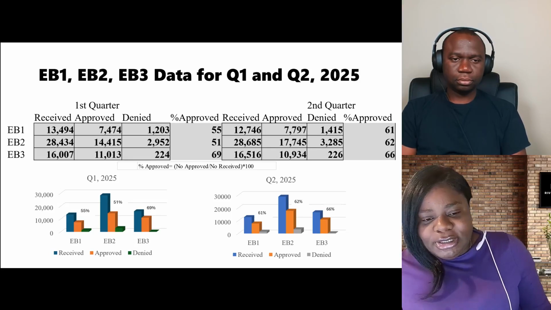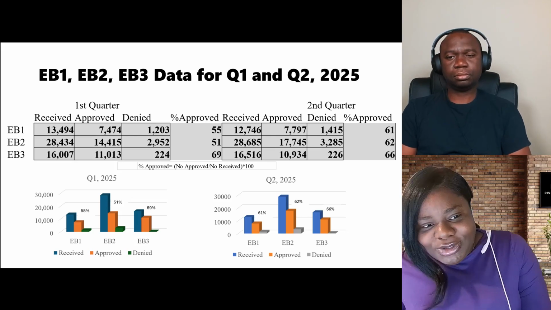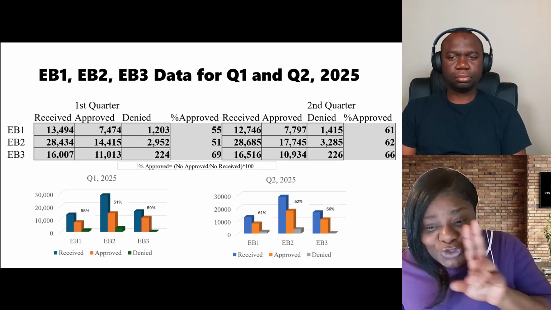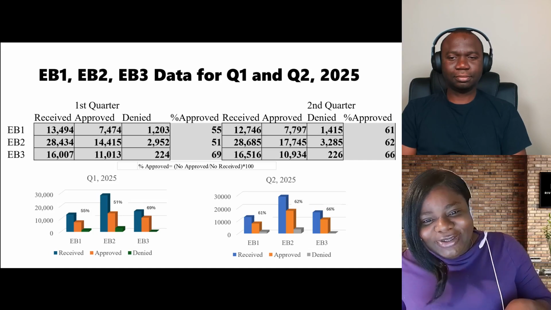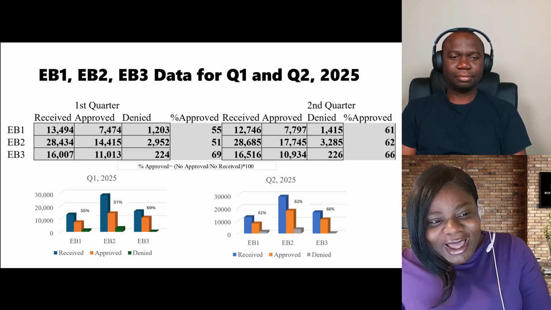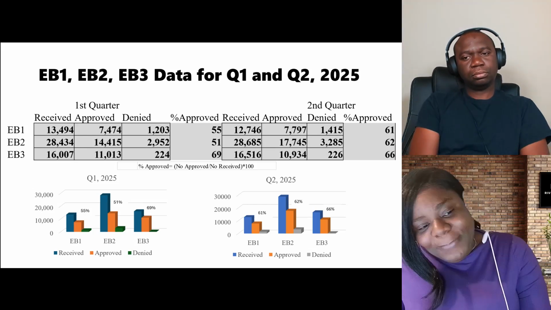Here is similar to what I said on the table. We just have a little, just two additional denials compared to the first quarter for EB3 applicants.